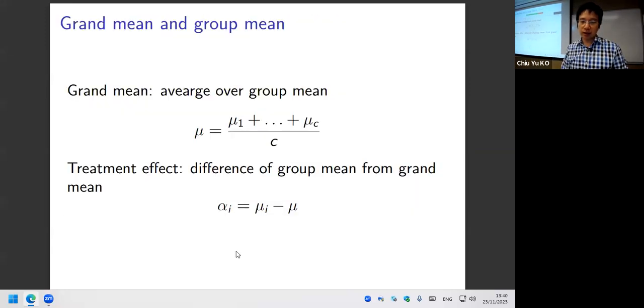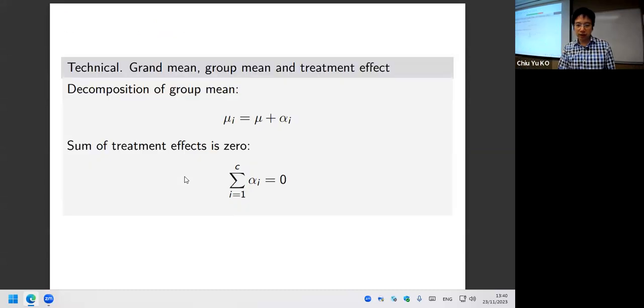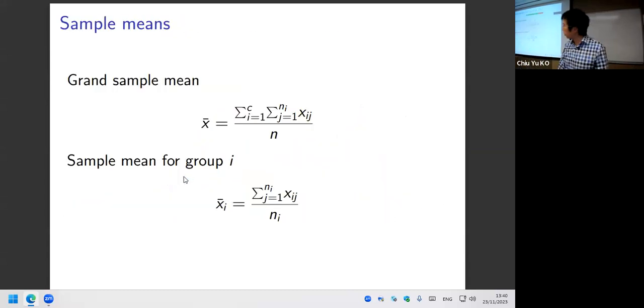And the next thing you want to ask is, if there's a model, how can we estimate mu1 up to mu c and also mu, right? That's not difficult to guess. If I want to estimate the big mu, the overall mean, I just use x bar. Add all observations up and divide by n.